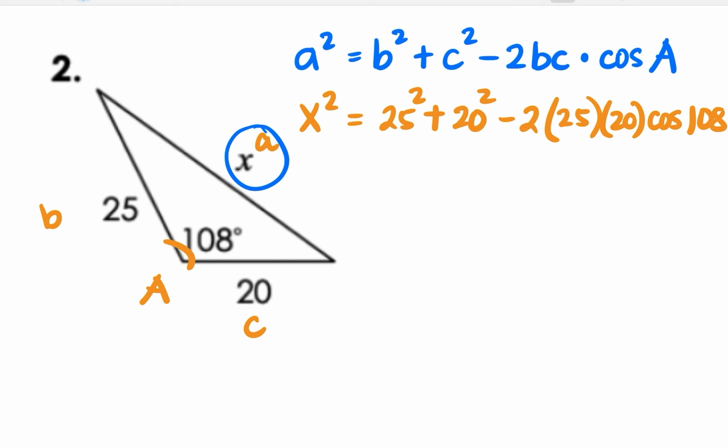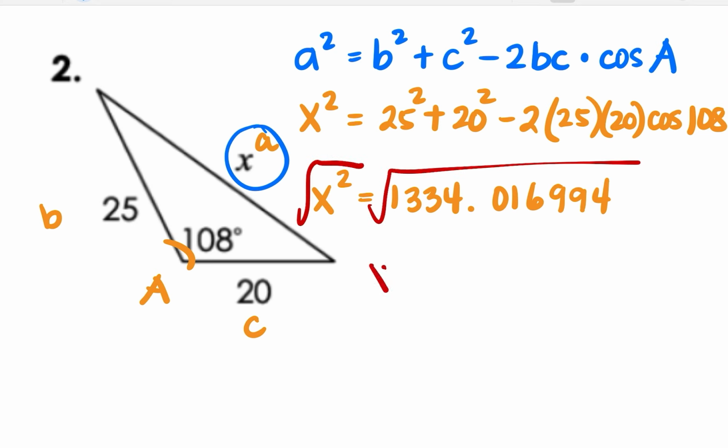We're going to put this in the calculator, and you should get 1,334.016994. We're going to take the square root of both sides, and x is equal to 36.524. If we are to round it to a whole number, we will have x equals 37.